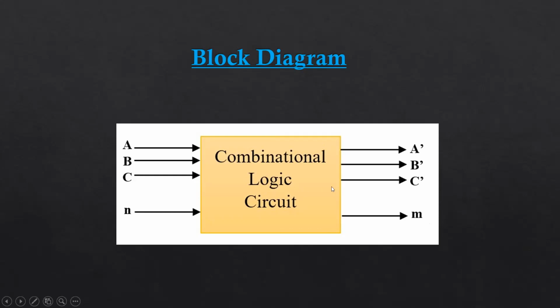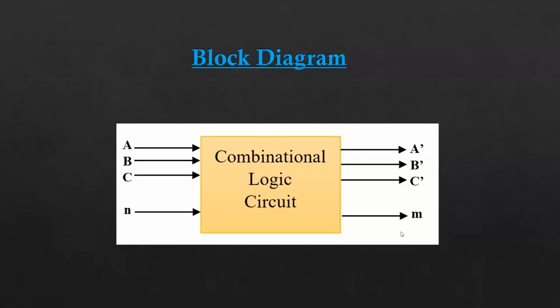Note that the n inputs are from an external source, and these m output variables are produced by the internal combination of the logic circuit. They are also sent to an external destination. Combinational logic is used in computer circuits to perform Boolean algebra on input signals and on stored data.